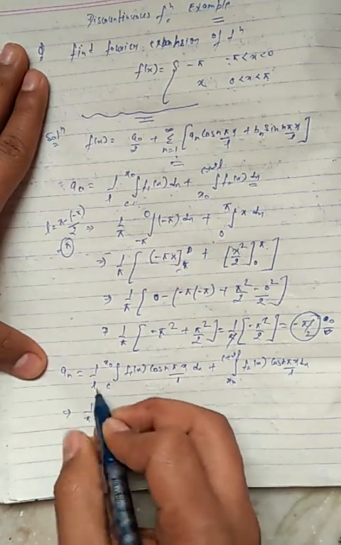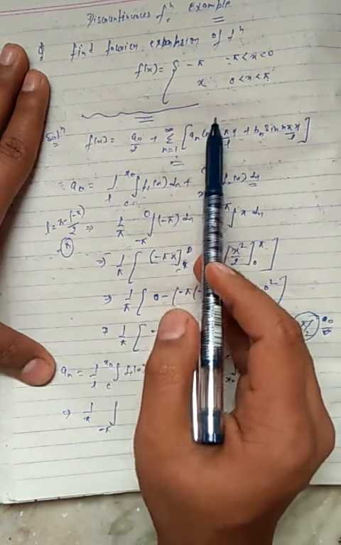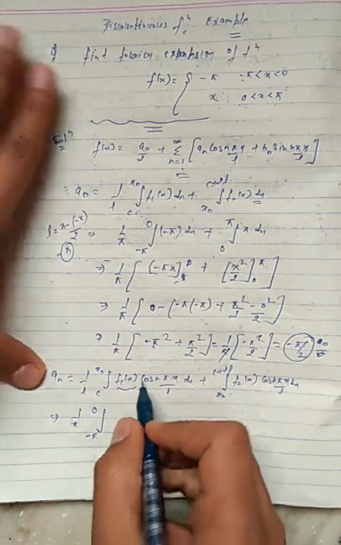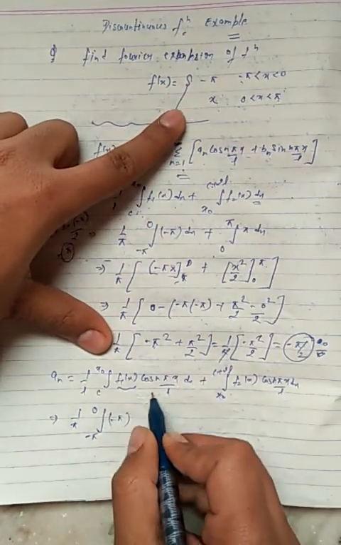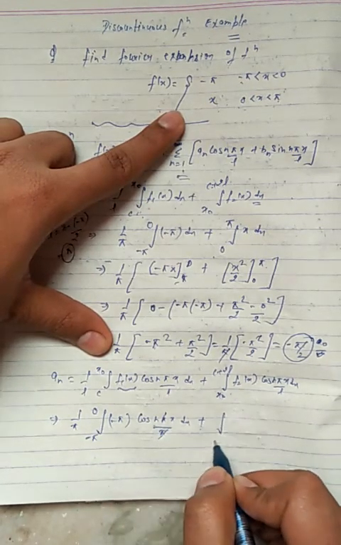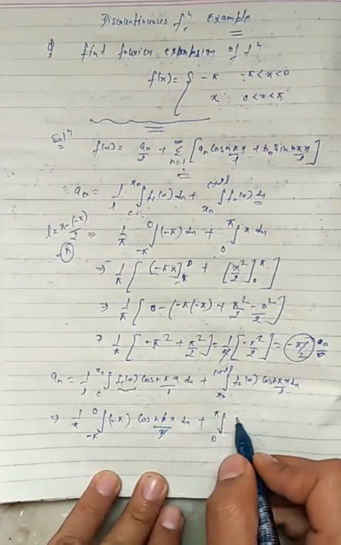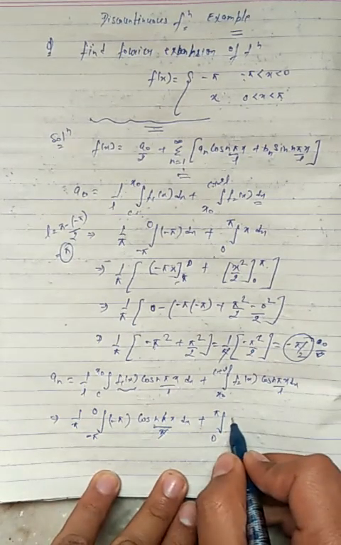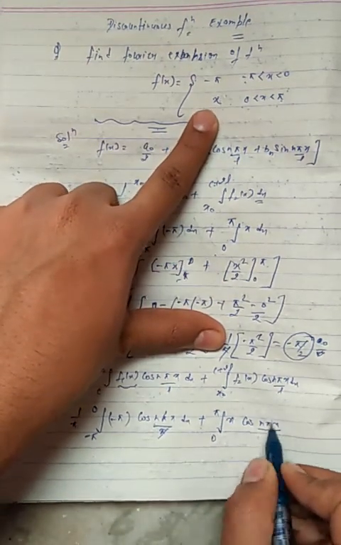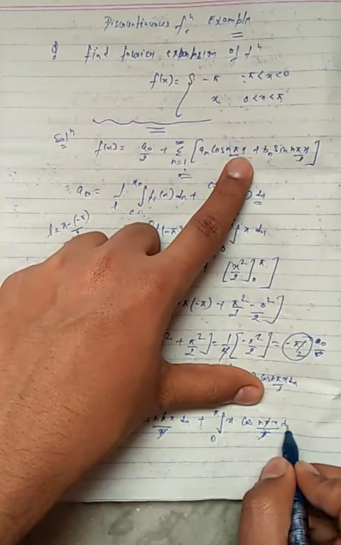Now l is pi, so it is 1 upon pi integration of c is minus pi, that is lower limit, minus pi to 0, f1(x) is minus pi into cos of n pi x divided by l, l is pi, dx, plus 0 to pi, because upper limit is pi, and f2(x) is x into cos of n pi x divided by l, l is pi, so dx.